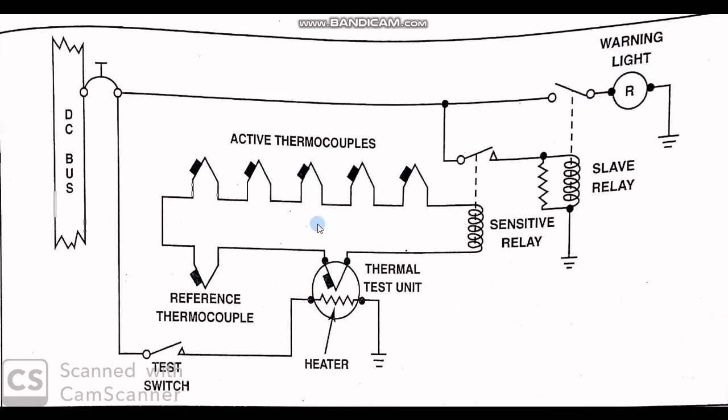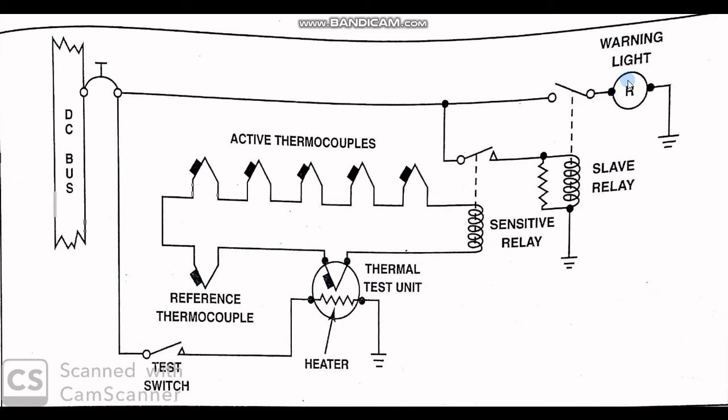However, when fire occurs, the air temperature around the active thermocouples rises much faster than the reference thermocouple. The difference in temperature produces current in the thermocouple circuit and activates the warning lights and horn.